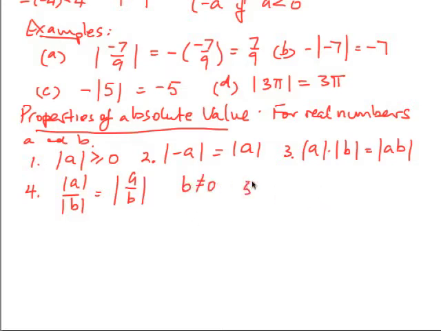And finally, number 5, the absolute value of A plus B is less than or equal to the absolute value of A plus the absolute value of B.